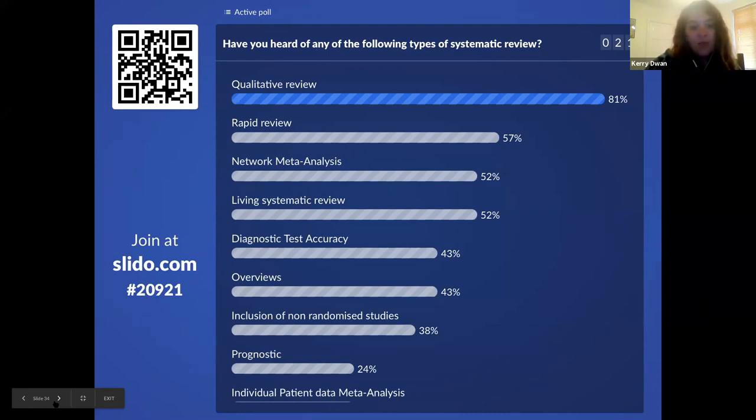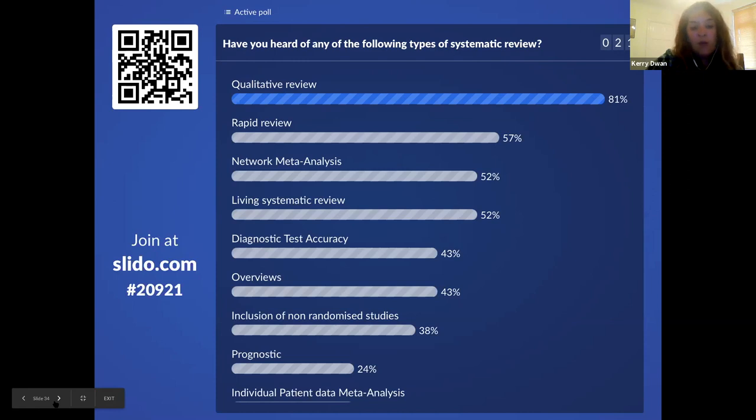A rapid review tends to be a standard intervention review. It's just the methods are slightly reduced, so the review can be done more quickly, perhaps in response to an organisation that needs the results quickly.